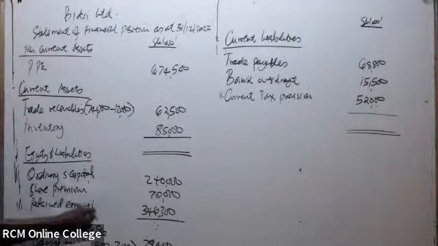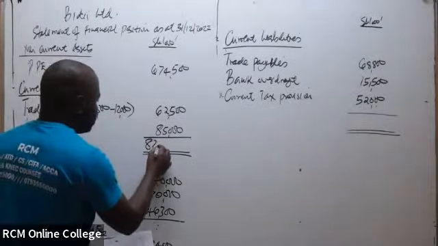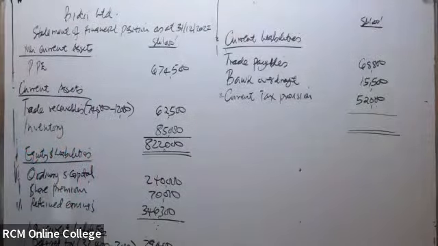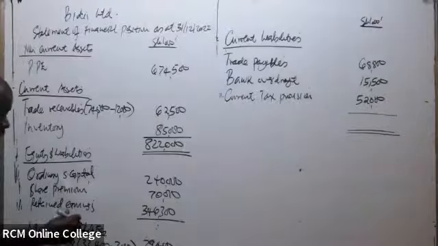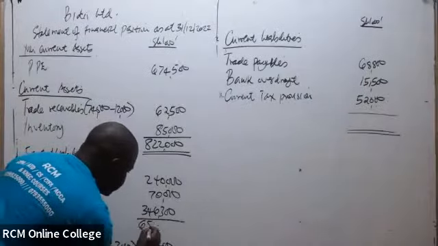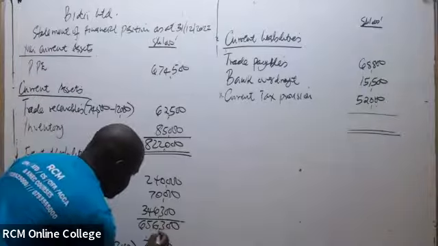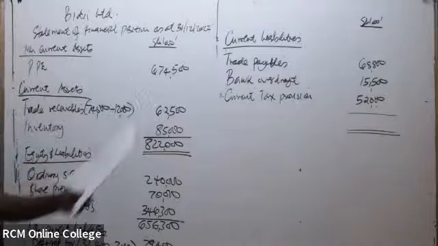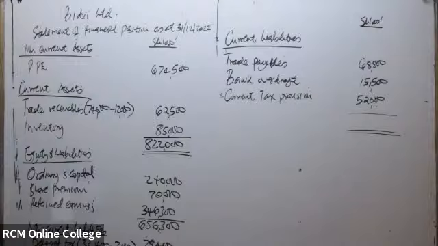Nekasi is saying 822 million. What's the total for the equity elements here? 656,300. Then just total the others now.